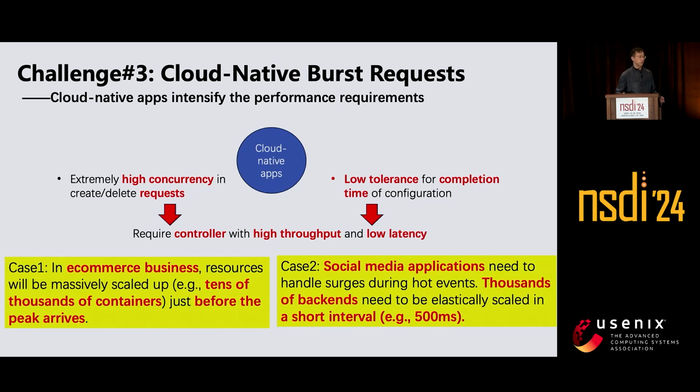When a hot event suddenly happens in the network, people will start clicking the app, and that will generate 100 times more traffic than before. Then the cloud-native app will try to scale by asking the controller, hey, give me more bandwidth, give me more ports, give me more NICs.